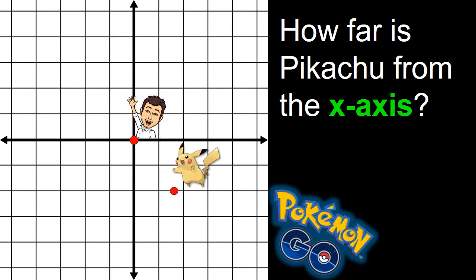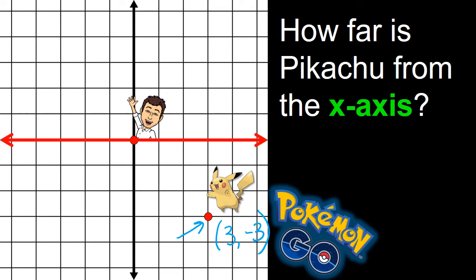So the question is, how far is Pikachu from the x-axis? We know that Pikachu is located at 3, -3 as the ordered pair. How far is he away from our x-axis? Let's count up 1, 2, 3.